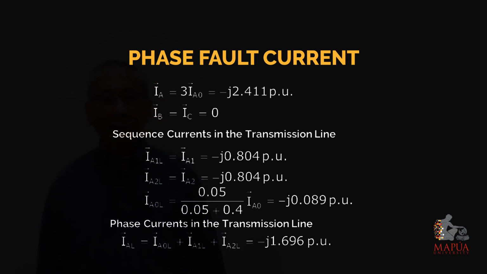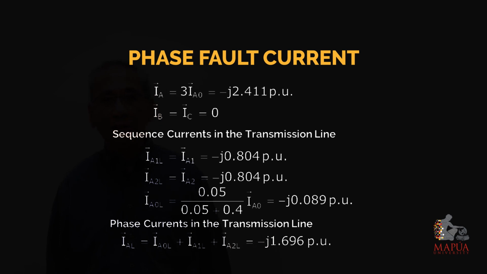But for Ia0L, that is equal to Ia0 multiplied by the quantity J0.05 over 0.05 plus 0.4. So that is using the current divider principle, equal to negative J0.089 per unit.